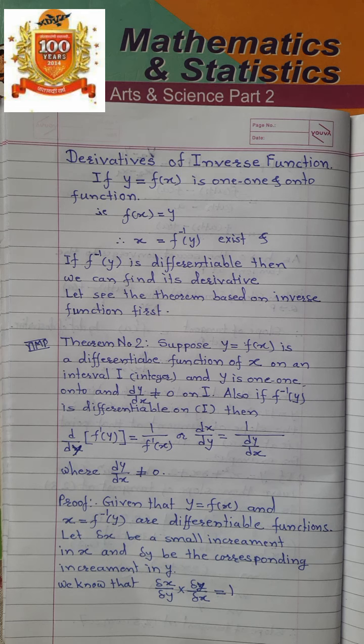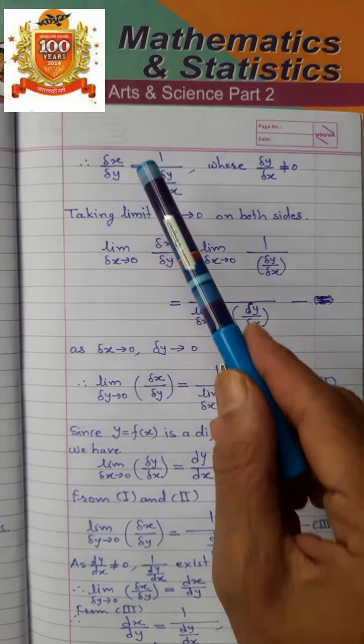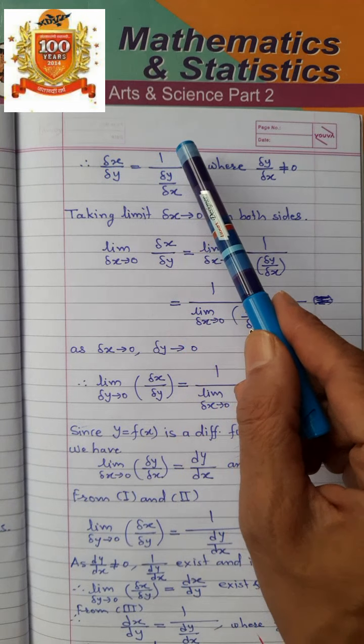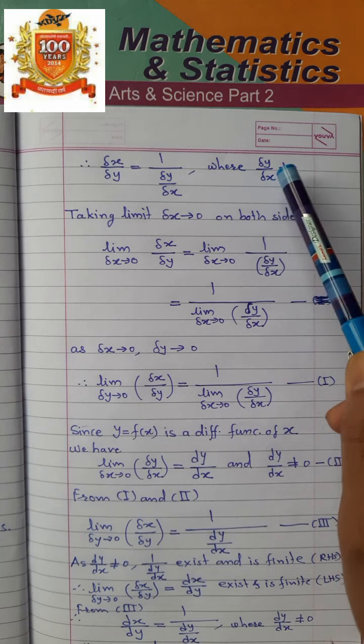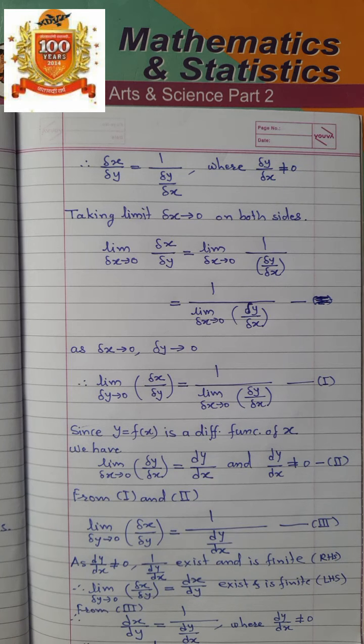We know that del x by del y into del y by del x is equal to 1, because del y gets cancelled, del x cancels, is equal to 1. This is a simple equation, isn't it? Therefore we have del x upon del y is equal to 1 upon del y by del x, where del y by del x is not equal to 0.